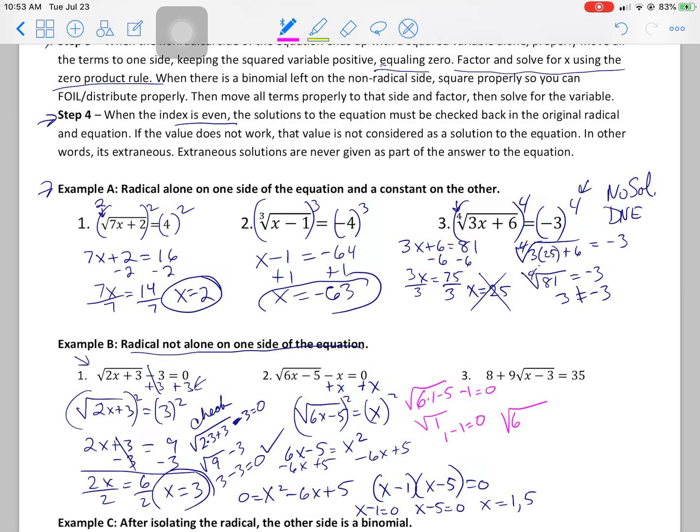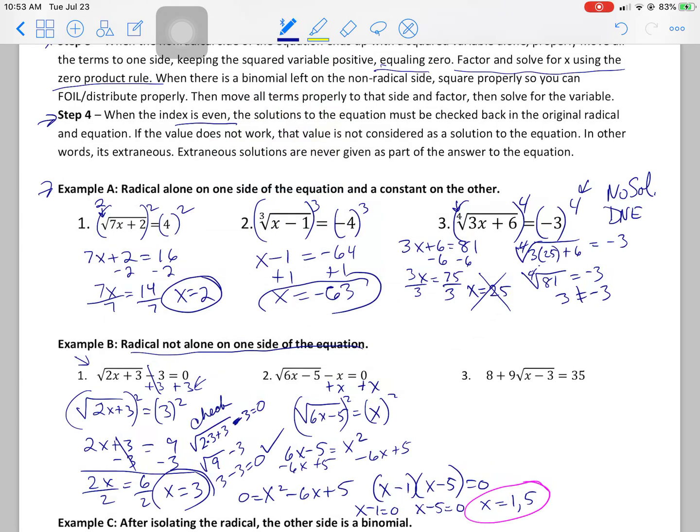And then 6 times 5 minus 5, so that's 30 minus 5 is 25, is 5 minus 5 is 0. So that's okay. So these are both correct. Don't have any extraneous values for this one.